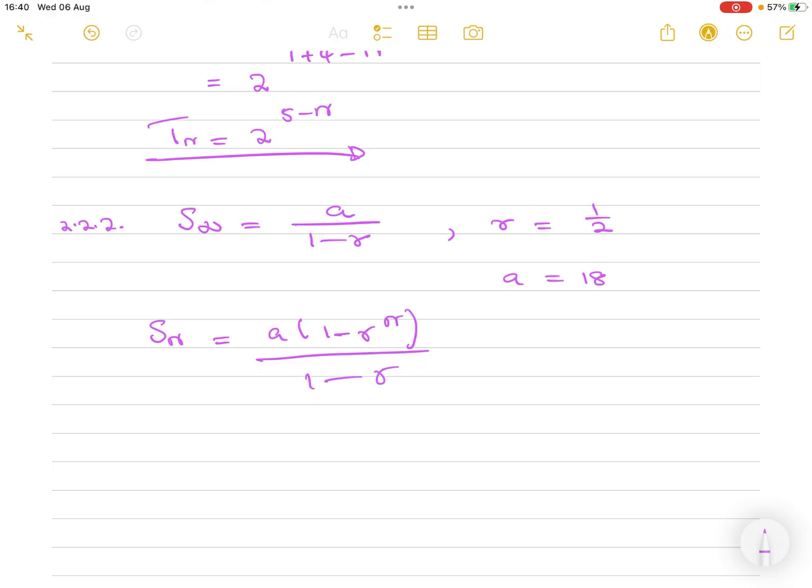over 1 minus r. And one will ask, why am I using this one when I'm told that I'm working with an infinite geometric series? In this case, they just want you to get a certain finite number of terms, so they are no longer infinite.